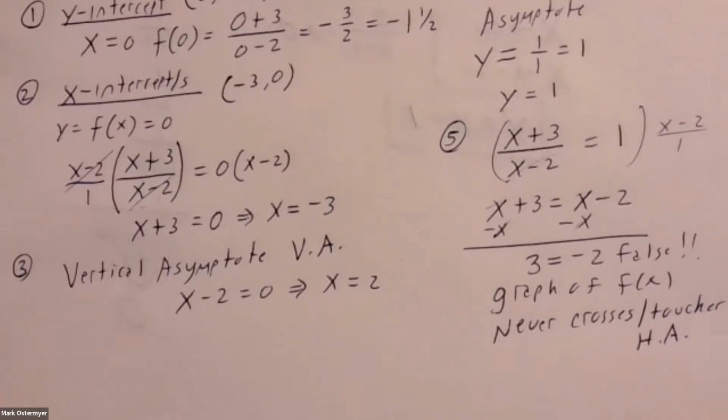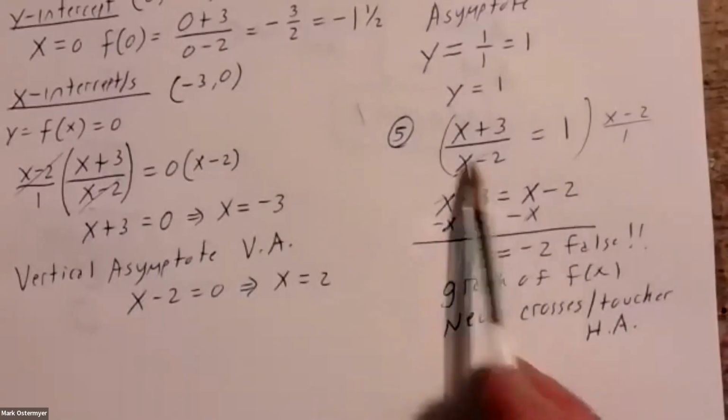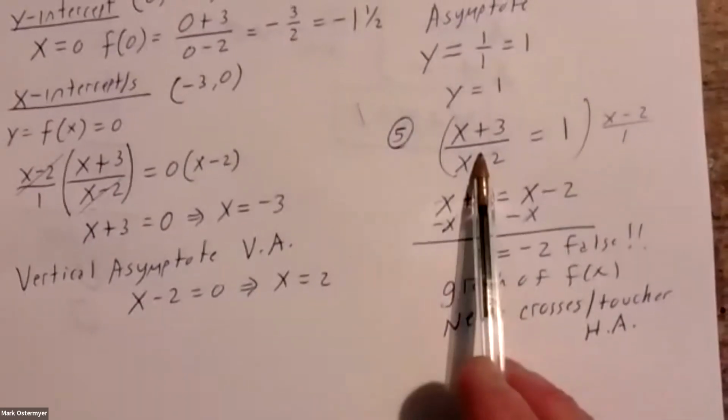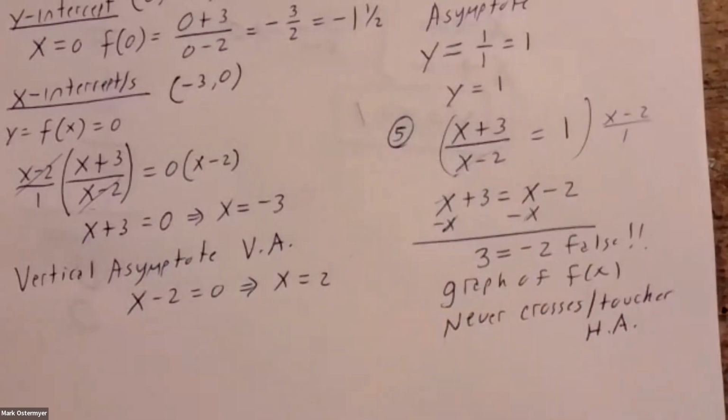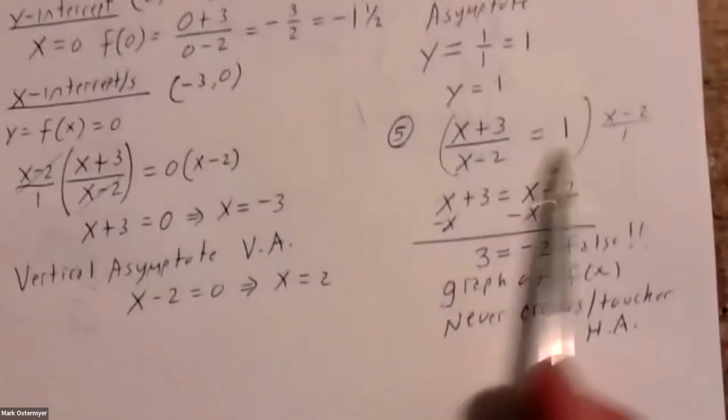So for the last one you just did, if the x's didn't cross out, then that means that they would cross or touch. If you get a solution to this equation, when you set your function equal to the horizontal asymptote value, that means the graph will cross the horizontal asymptote at that value. But I did not get a solution when I tried to solve this equation. And do you always set it equal to 1 to figure this out?